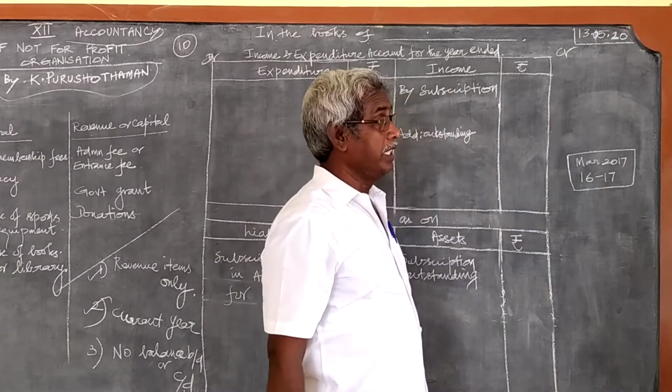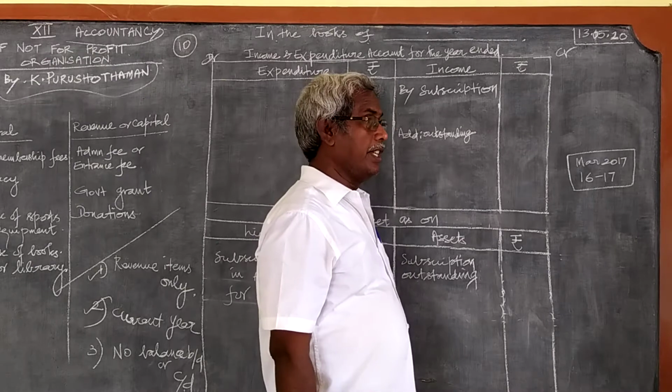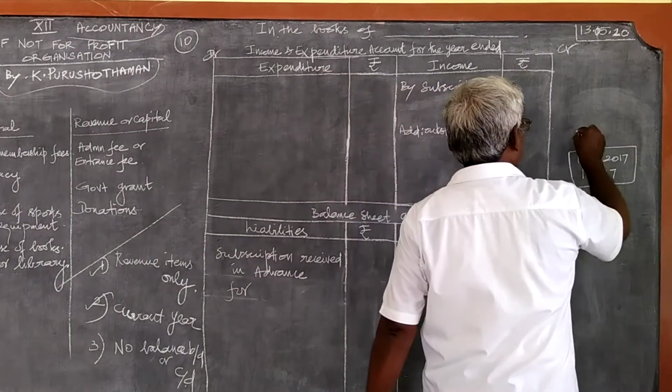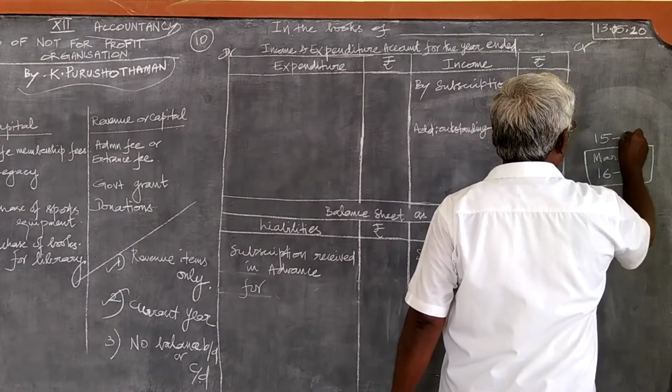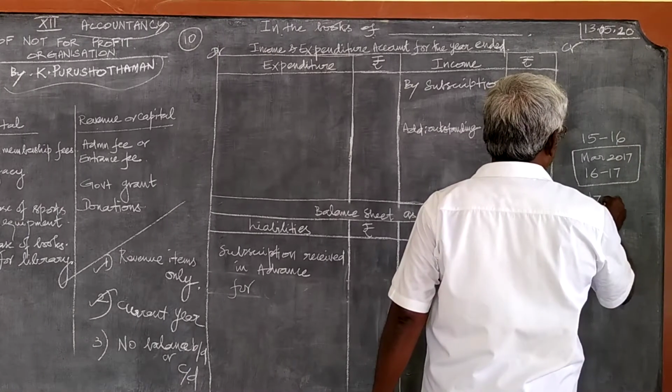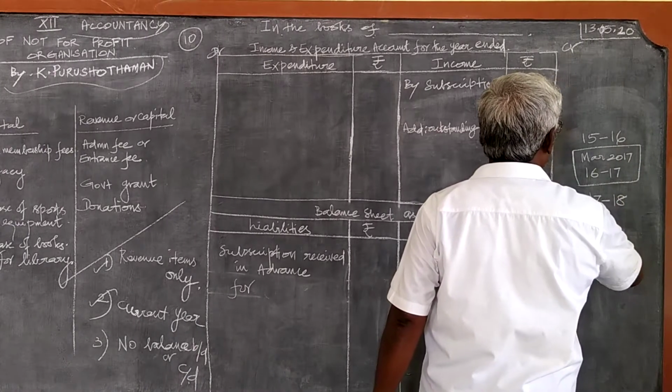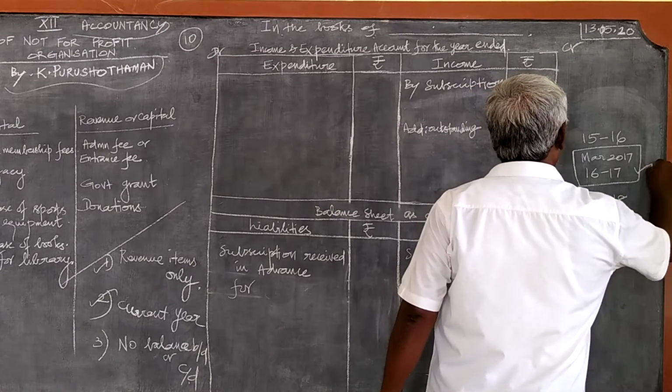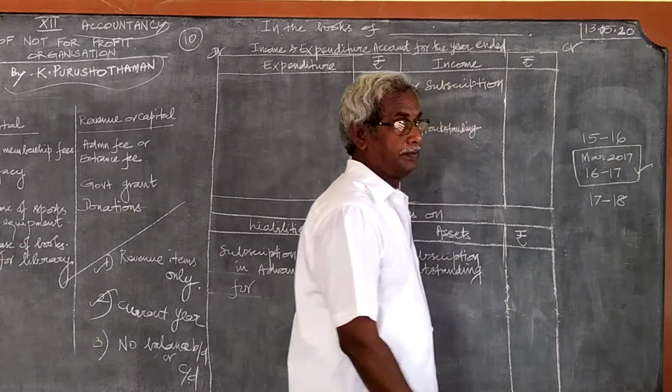So this accounting year is 16-17, the previous year is 15-16, and the coming, future year is 17-18. You must be very clear about this. This is the accounting year.